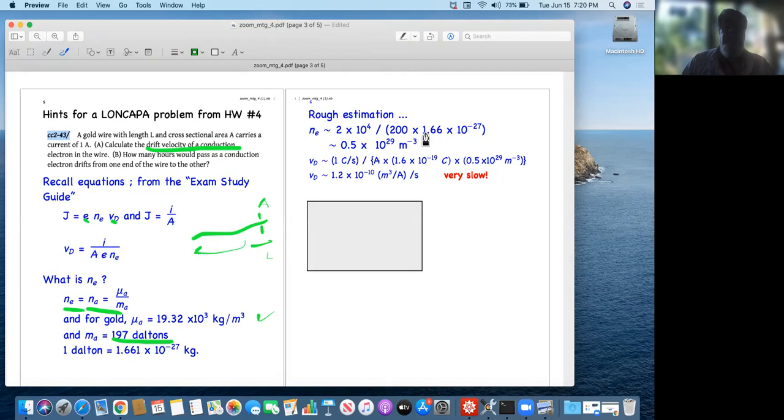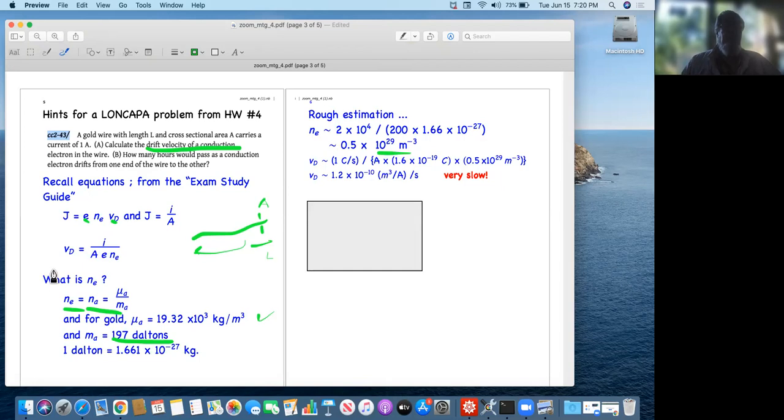A Dalton is 1.66 times 10 to the minus 27 kilograms. So now this will be the density of electrons. And as you can see, it's something like 10 to the 4th divided by 10 to the minus 25. So it'll be something like 10 to the 29th. It's roughly 0.5 times 10 to the 29. But here's where you would use your calculator to get the exact number.